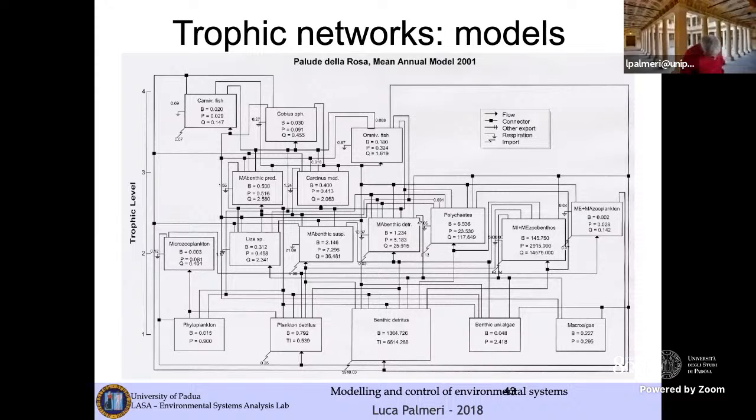We have already seen this trophic network. This is a model of Palude de la Rosa in the Lagoon of Venice. So this is a mean annual model referred to year 2001.